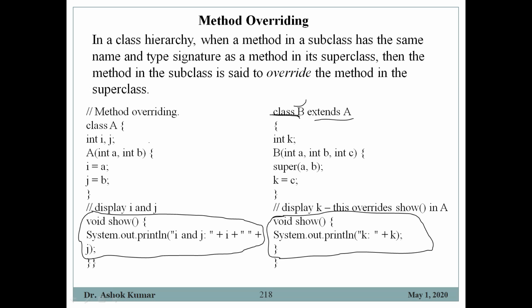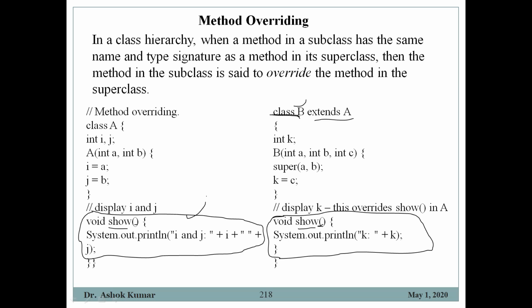Same signature means its name will be the same as that of the superclass method name, and its type of arguments will also be the same as that of its superclass. Because in the superclass we have a show method, in the subclass also we have a show method. This method doesn't have any parameter, and the subclass method also doesn't have any parameter. That means this method of the subclass is overriding the method of the superclass.